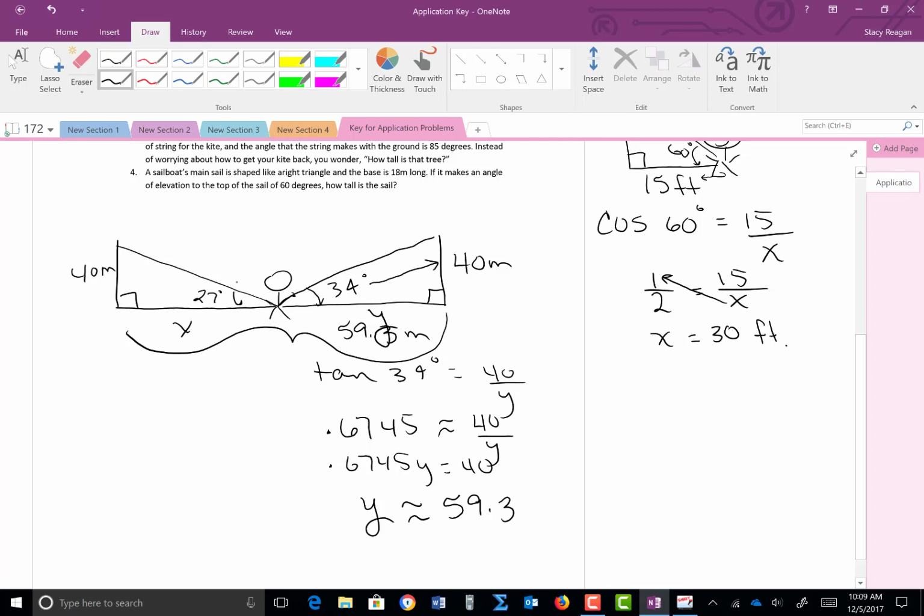On this side, I have the side opposite and the adjacent of the 27 degrees, so that's also tangent. So I'm going to do the same thing. Tangent of 27 degrees is roughly 0.5095.